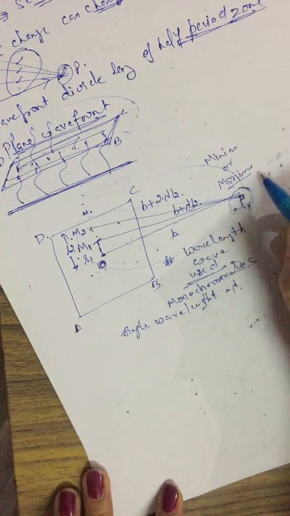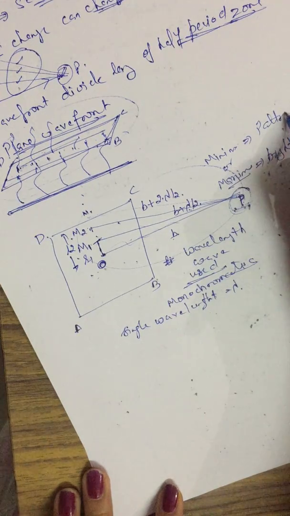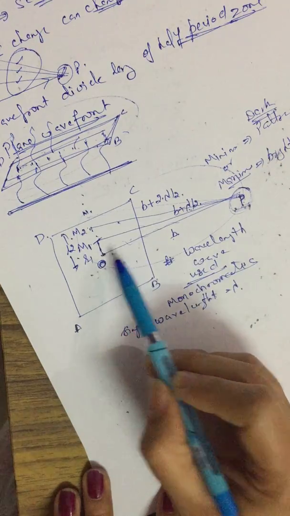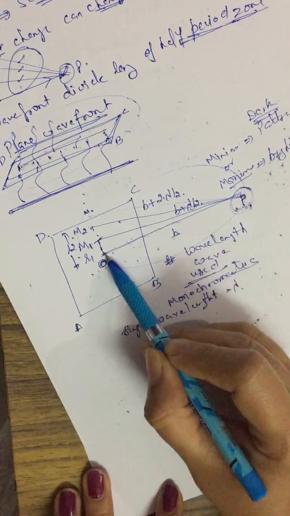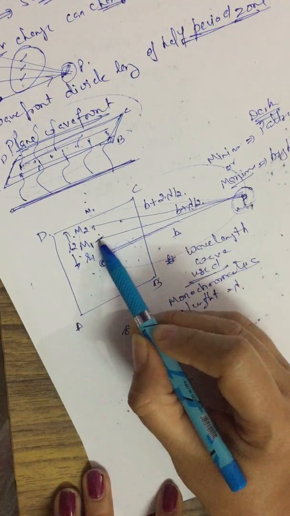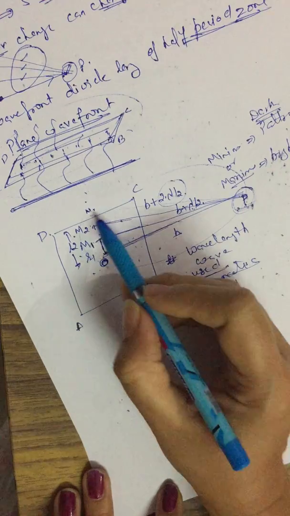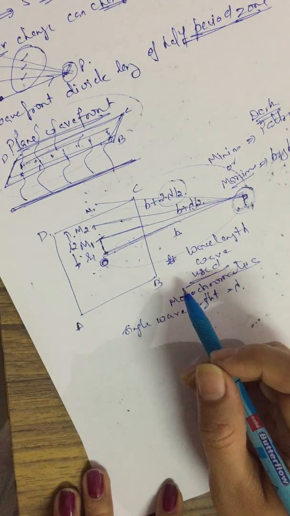It means whether we are obtaining at the point P a bright pattern or a dark pattern. The brightness and darkness depend upon these waves which are coming from a distance of b plus lambda by 2, b plus 2 times lambda by 2, b plus 3 times lambda by 2.